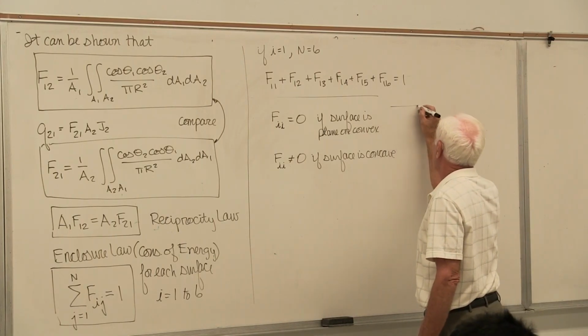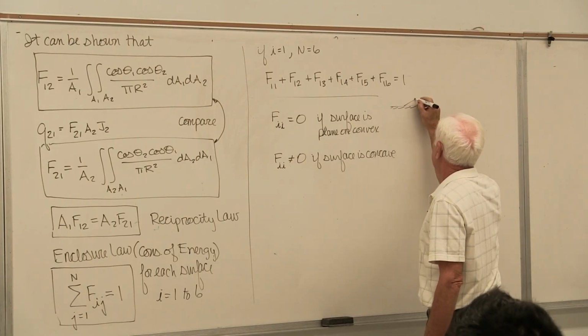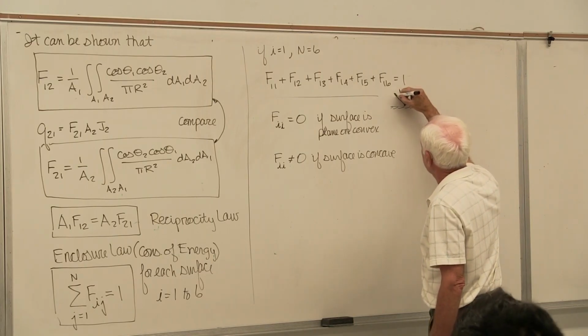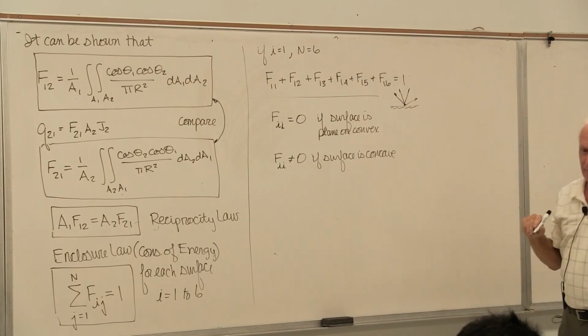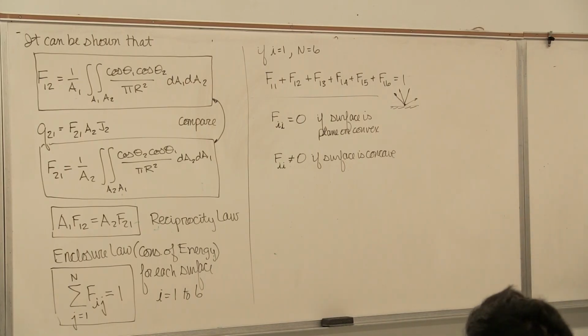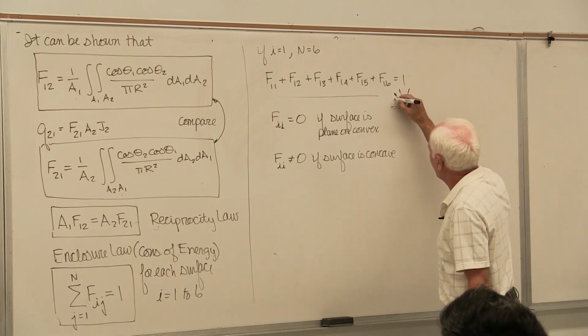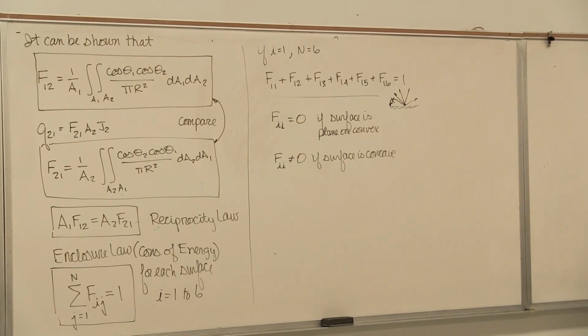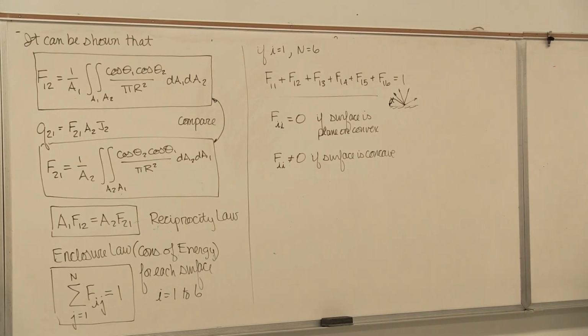Plane surface: radiation leaves the surface, we assume, like this. Does any part of the radiation end up striking the plane wall? I mean, is that legal? No, that's not going to happen. So any radiation leaving that surface will not hit that surface.